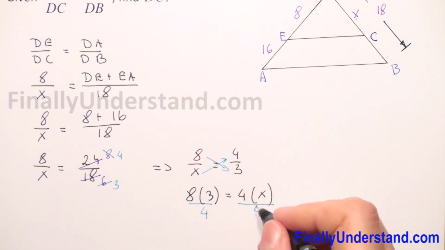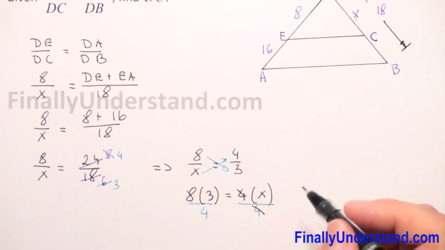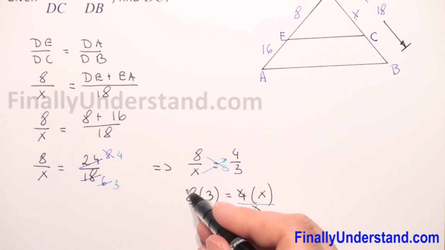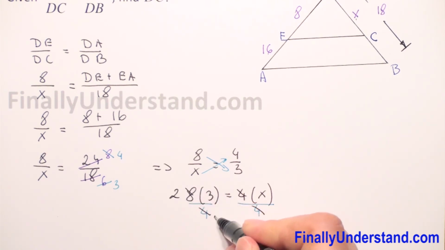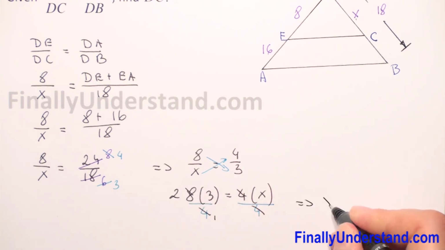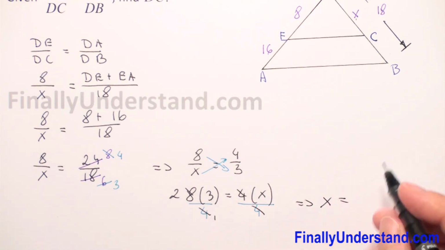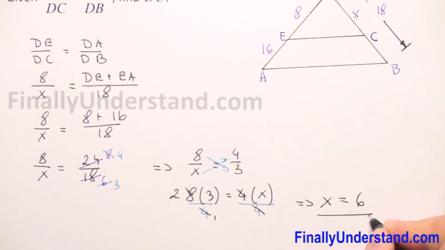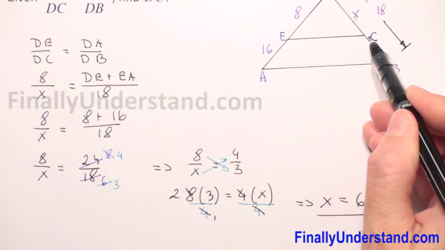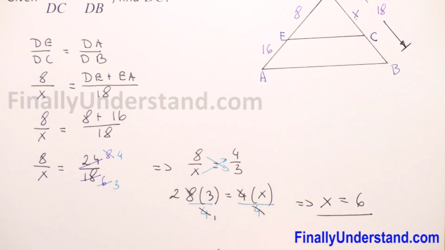When we divide by 4, 4 and 4 will reduce, and 4 with 8 will be 2 and 1. So we have that x is equal to 2 times 3, which is 6. We found the length of segment DC. DC is 6. This is my solution.